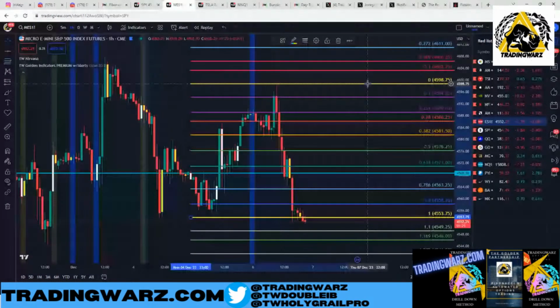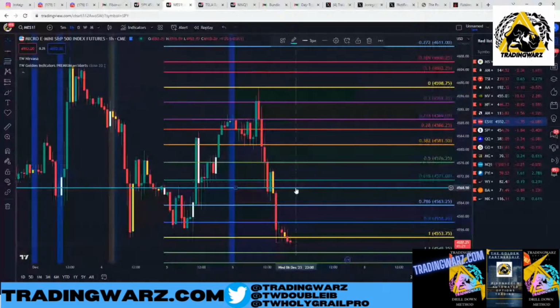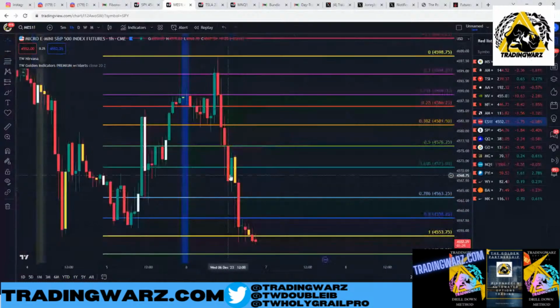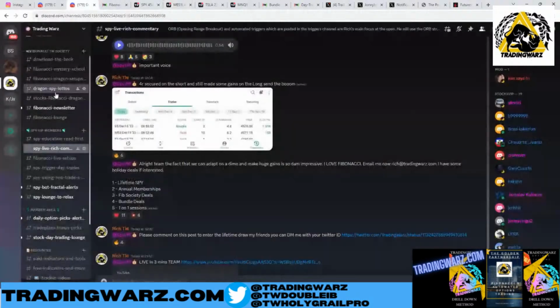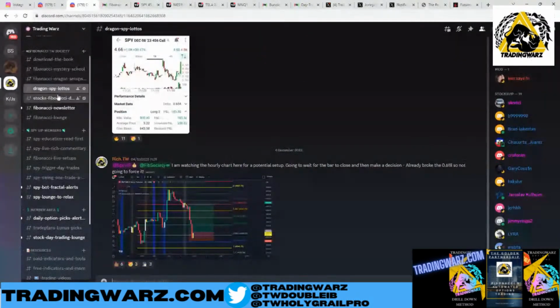I got long on the 618 right here. And as soon as we popped up, I moved my stop loss below the low of this candle, and I got taken out. So even though I lost on this last trade, I feel like today I was trading in sync with the market. I took all the opportunities, and I had one loser and two winners, and I'm happy with that.